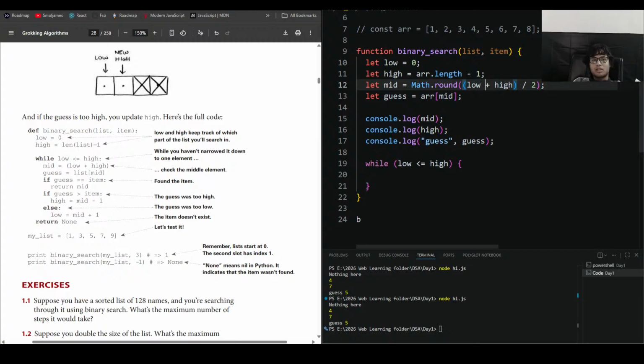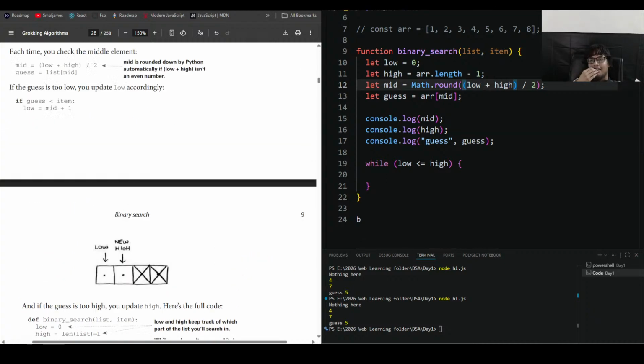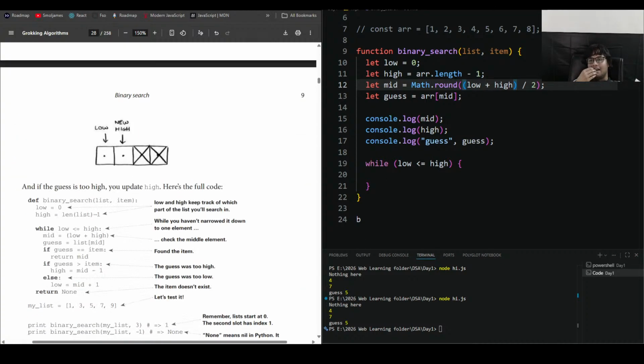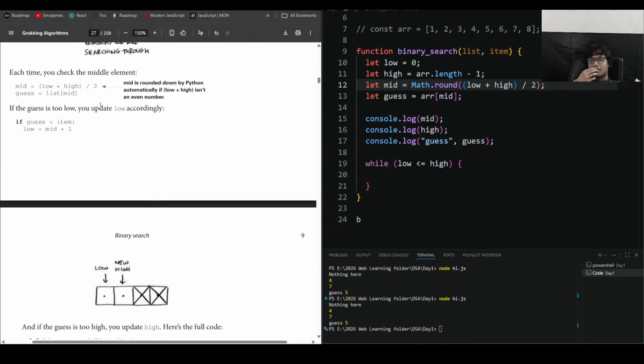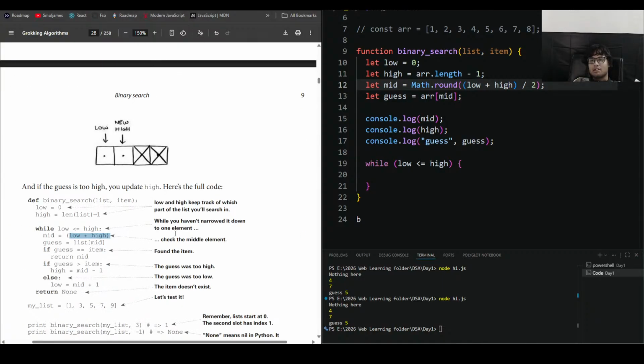Mid, yeah, I got it. Isn't that a typo? It is low plus high, check the middle, divided by 2.